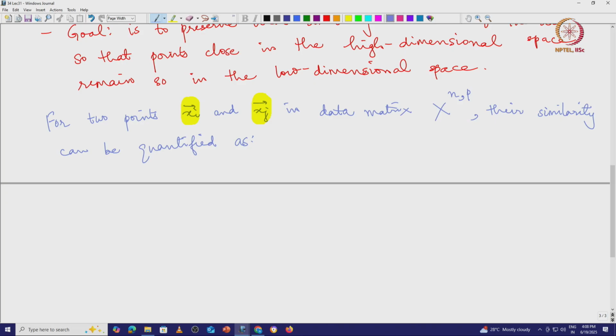So we can write the conditional probability p j given i, right, as I said a Gaussian probability which is normalized.